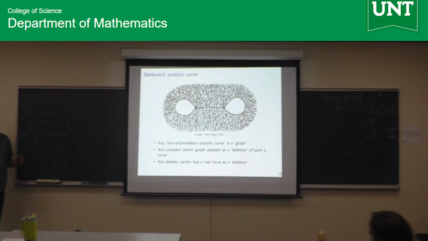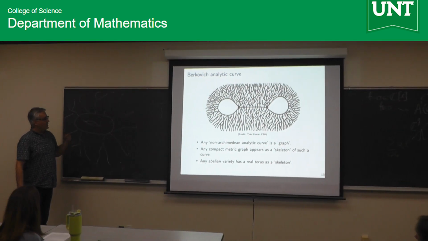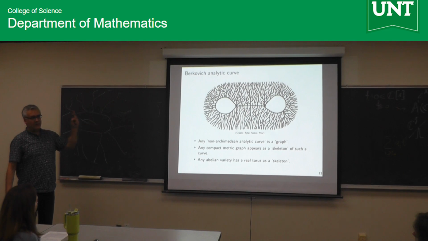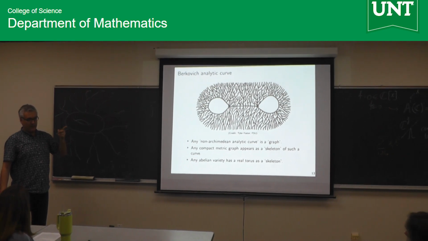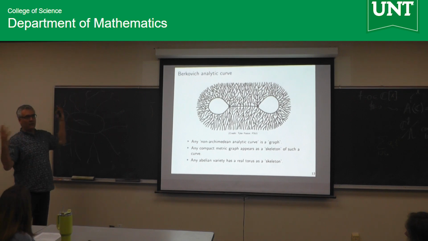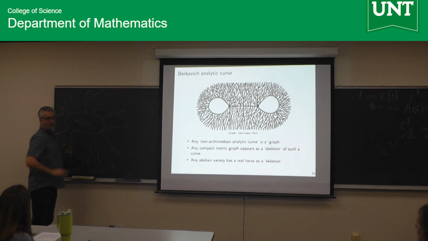Why two-dimensional hairs? Because for curves I was in dimension 1 and everything was one-dimensional. When I go up in dimension, like dimension 2, there's no reason that everything should stay one-dimensional. Already the skeleton, the core, is two-dimensional.